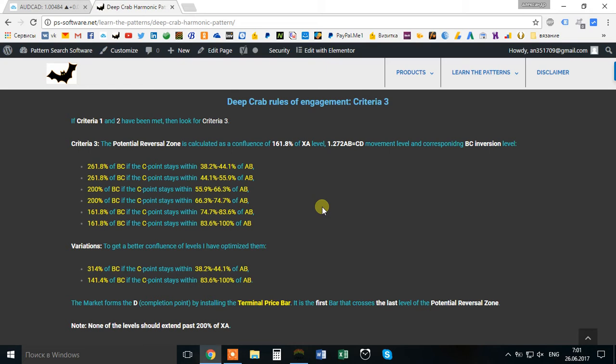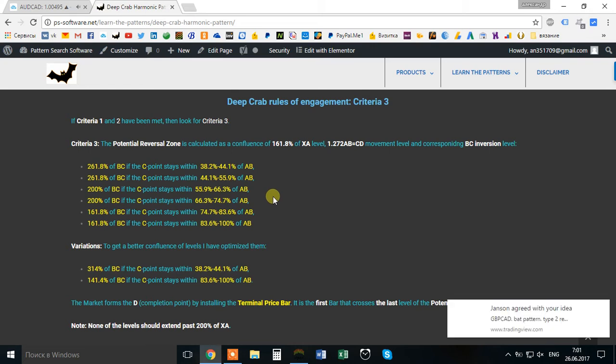If the potential reversal zone is built the correct way, the price usually respects those zones as support or resistance zones. So you see plenty of variables that depend on the situation, and to become a professional trader you need to know them by heart if you wish to trade them manually.